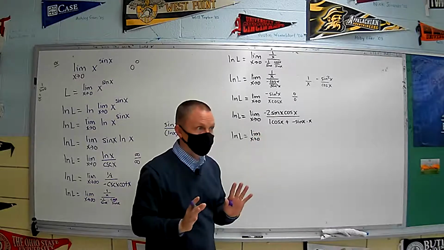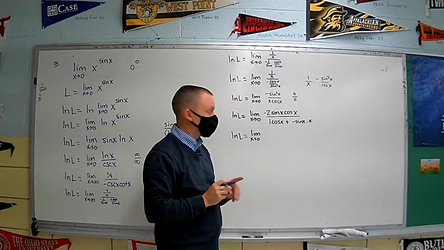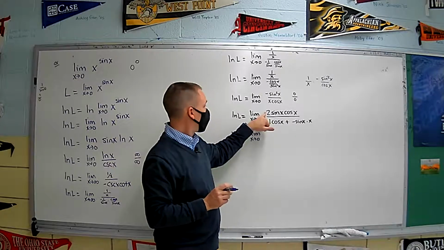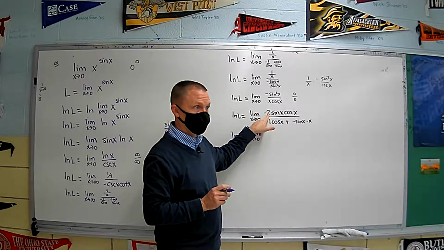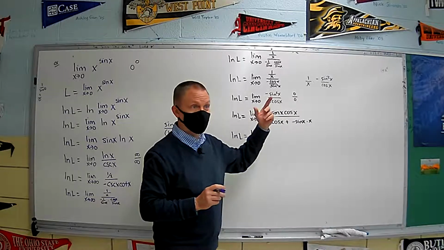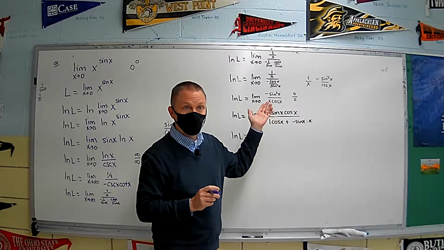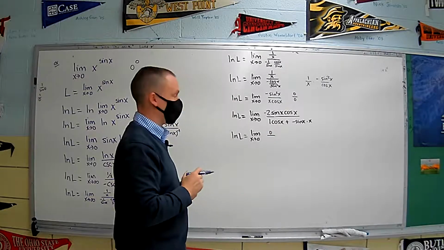Okay. Ready? Can we evaluate this? The numerator is approaching, as x goes to 0, what's happening to the numerator? Sine of 0 is 0, cosine of 0 is 1. 0 times 1 is 0. Oh, baby. This is scary.